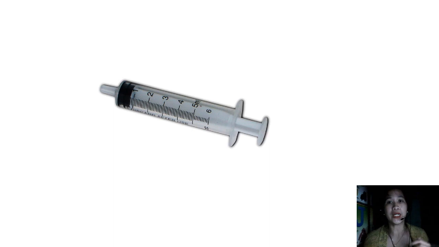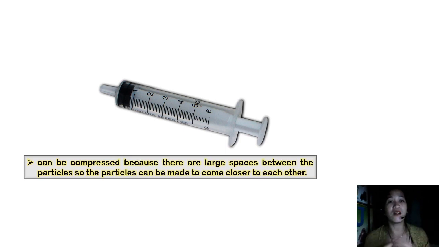In other words, air being a gas can be compressed because there are large spaces between the particles, so the particles can be made to come closer to each other. Take note of that, guys.